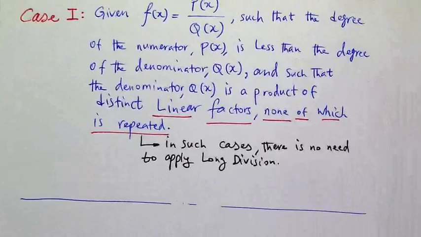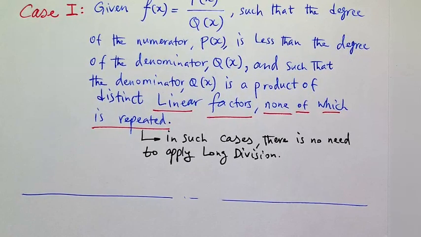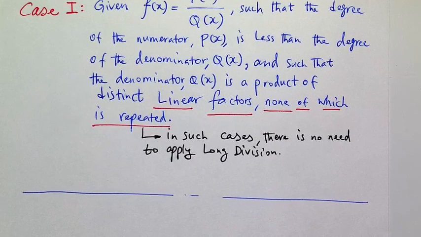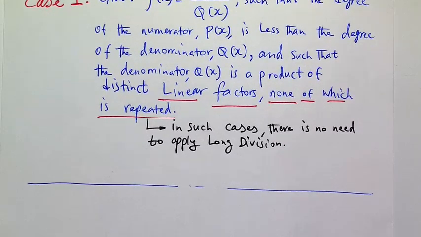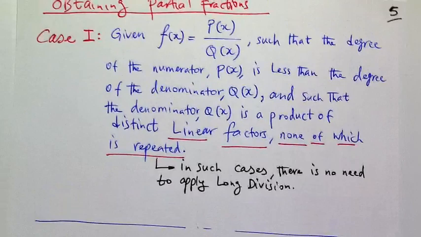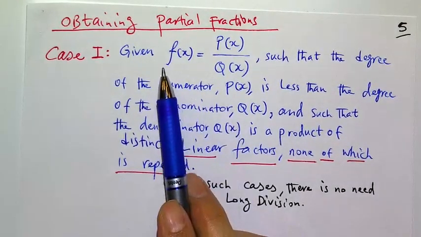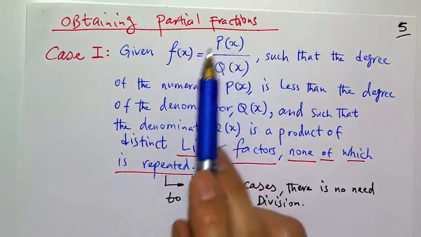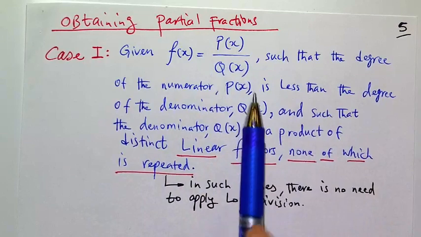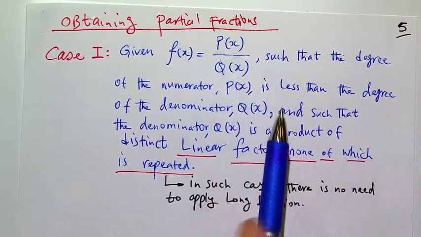All right. So next, I think that's a good refresher on some of the techniques we use for obtaining partial fractions. Now, there are several cases for obtaining partial fractions. Case one is that if we have a rational expression, and remember, we use partial fractions because we want to break up more complex fractions into easier, smaller fractions, right?